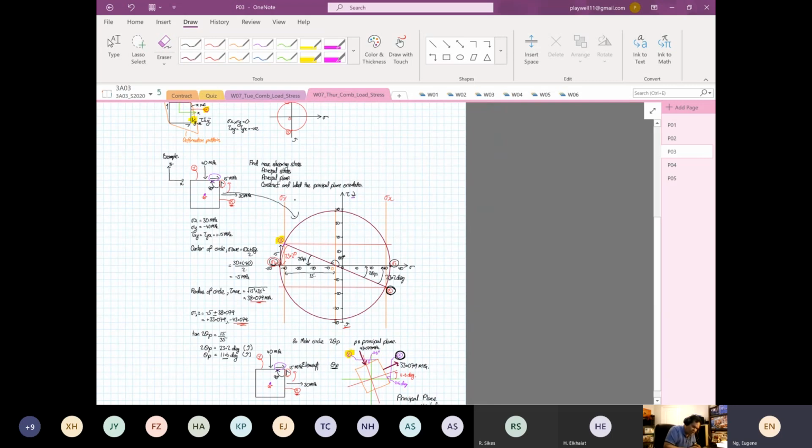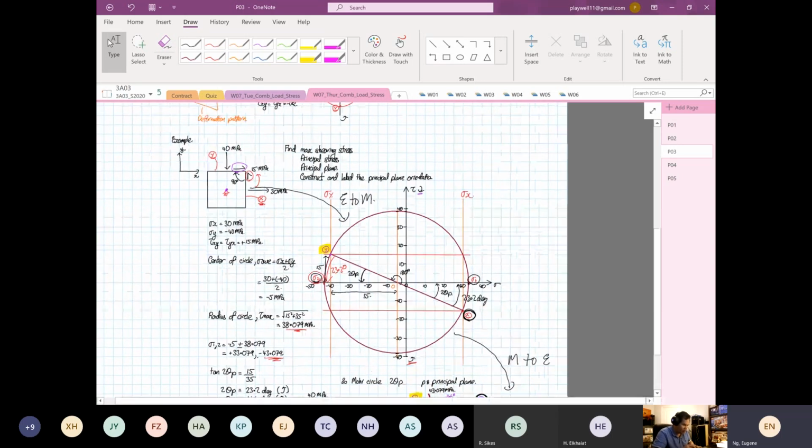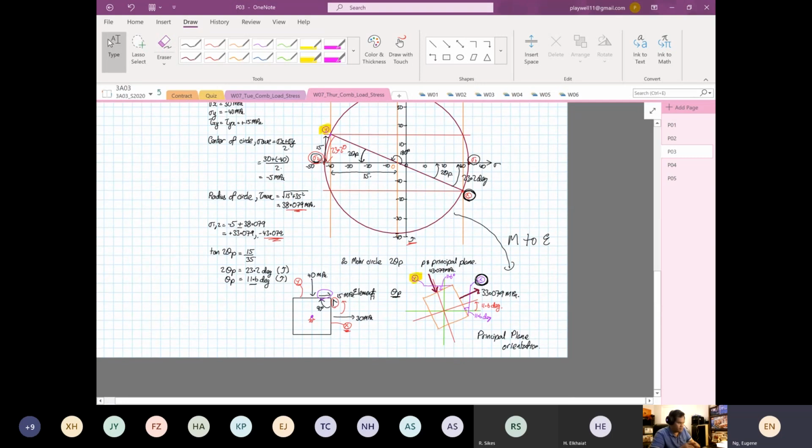So this is element to Mohr circle. And now you are capable to deal with from Mohr circle to the element, right? So now you can do two things: go from element to Mohr circle, then from Mohr circle to element. Okay. Any questions so far?